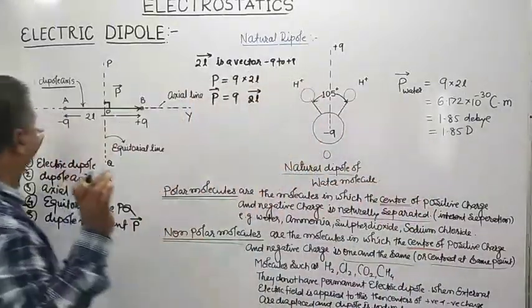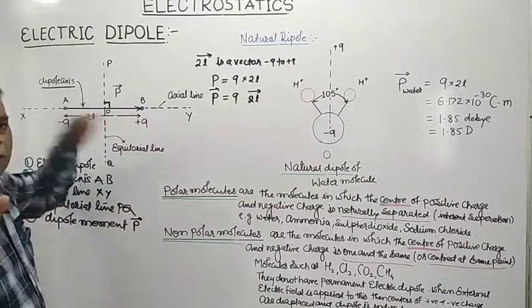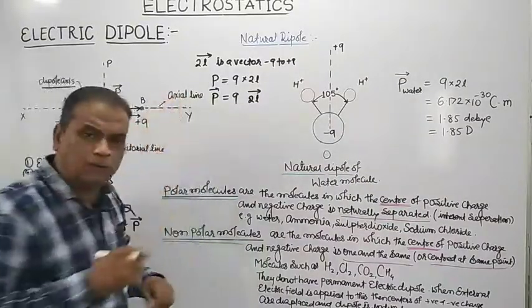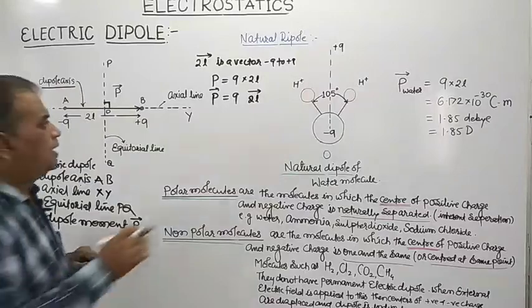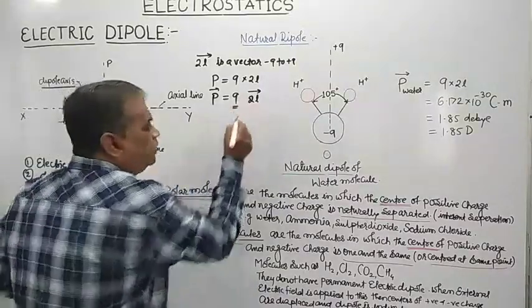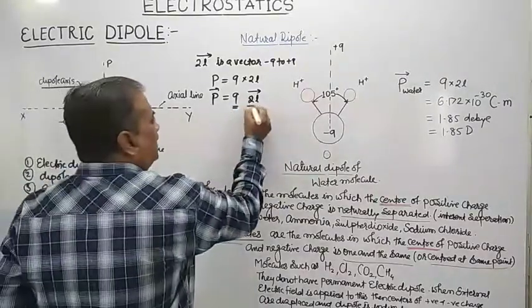Here, q is a scalar and 2L bar is a vector.